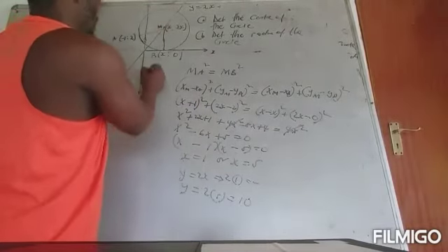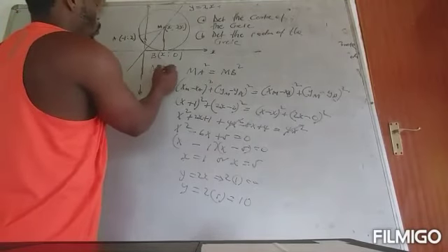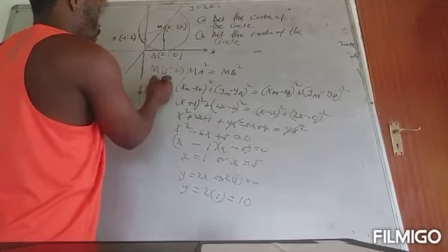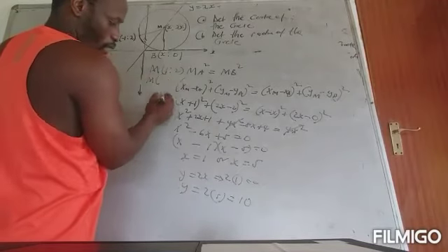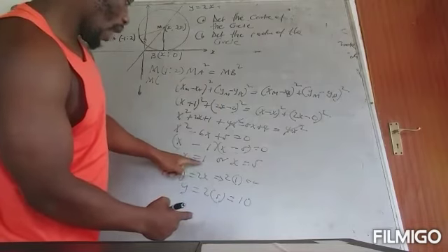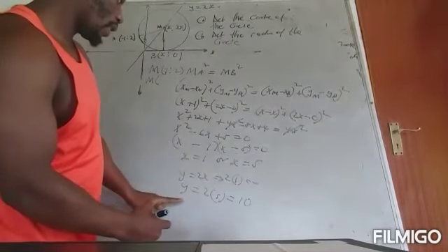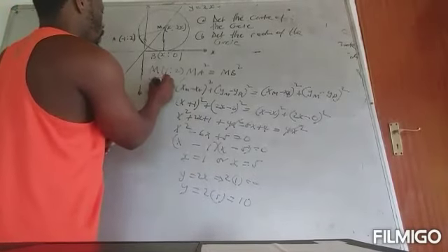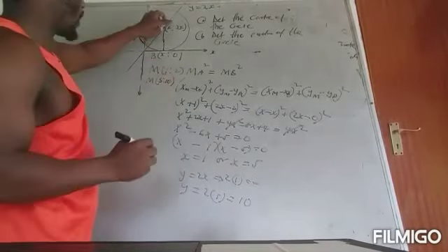So for M, we have M is equal to 1 and 2, or M is equal to 5 and 10.